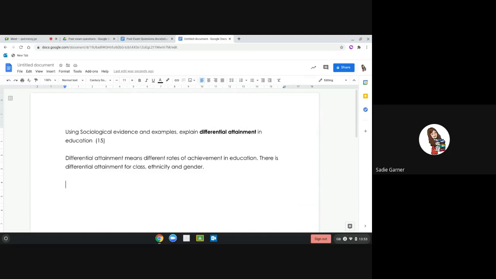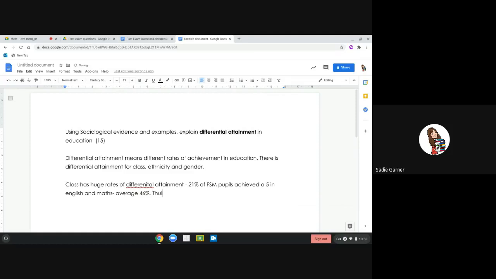In my paragraph 1, I would say that class has huge rates of differential attainment. 21% of free school meals pupils achieved a 5 in English and maths, and the average is 46.